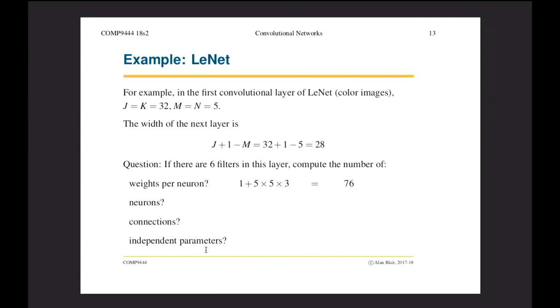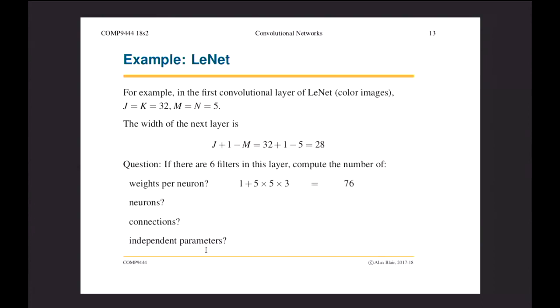Now, how many neurons will there be in the next layer? There are 6 filters, and the filter is 5 by 5, but how big is the next layer of neurons going to be? 28 by 28.